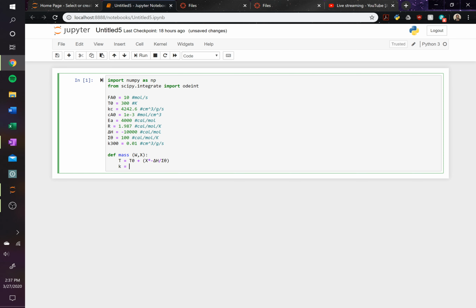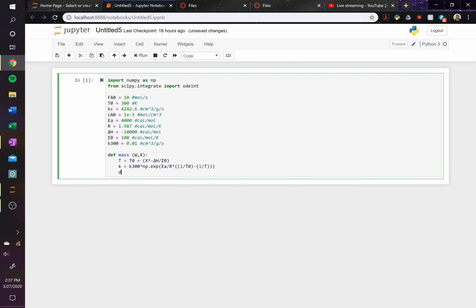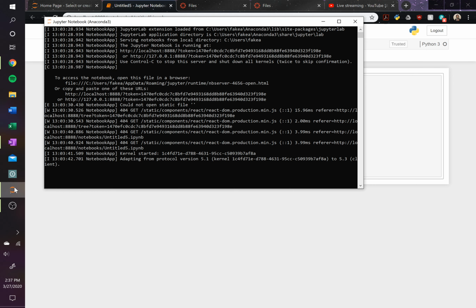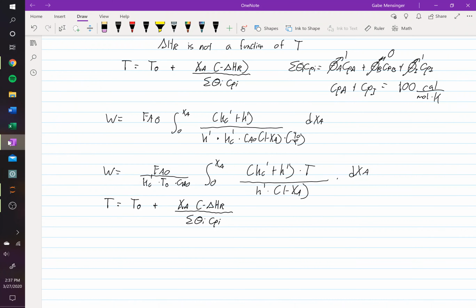And then I'll put in our expression for K, because remember that K is a function of temperature. Over T. And now our actual mass balance.